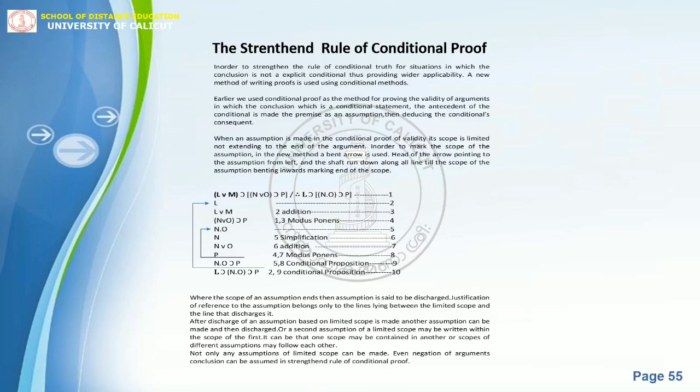Hence we have proved the following argument using the method of strengthened rule of conditional proof. So when the scope of an assumption ends, the assumption is said to be discharged. So justification by reference to the assumption belongs only to the lines between the limited scope and the line that discharges it.